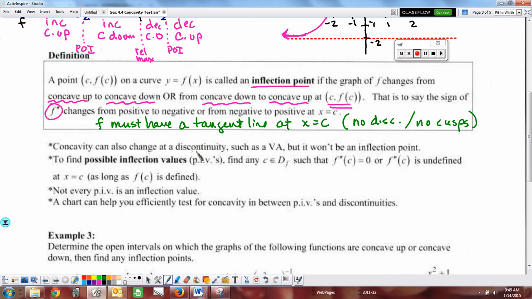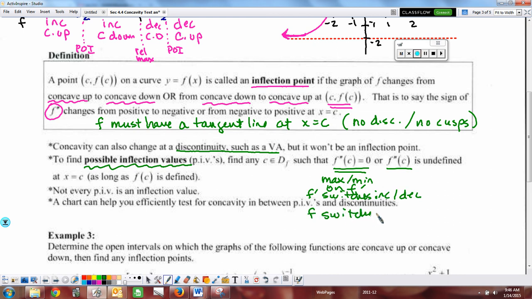All right? Concavity can change at a discontinuity, but it will not be an inflection point. And your possible inflection values are going to be places where the second derivative is 0, because second derivative equal to 0 would be a max or min on f prime, which would mean that f prime switches increasing, decreasing, which is going to mean that f switches concave up and concave down.